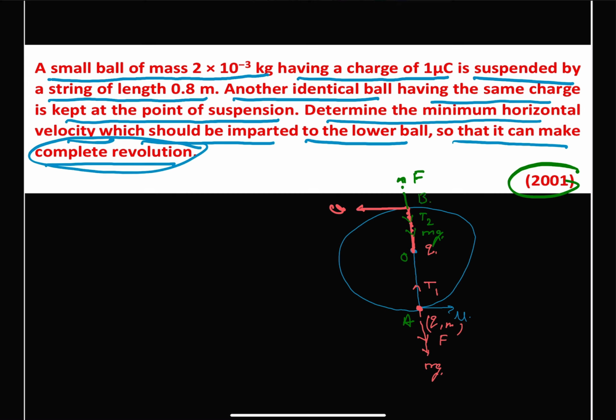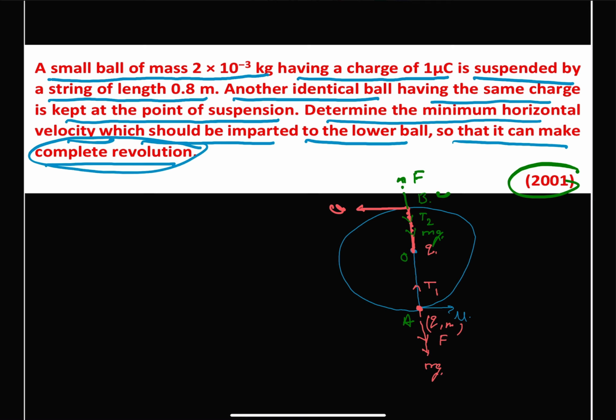Okay, and we need that just to complete one revolution, under this condition, the tension at the topmost point, that is at B, this T2 should be equal to 0. That is the basic premise of this discussion.